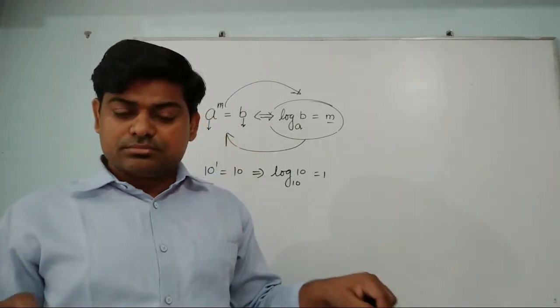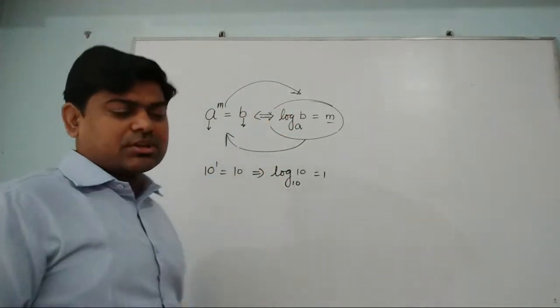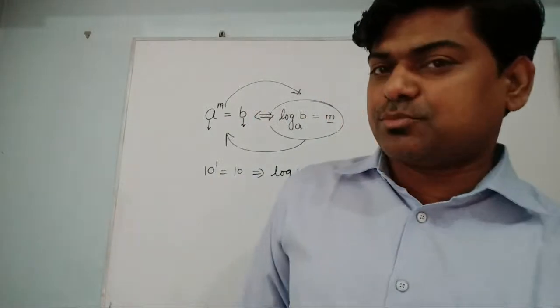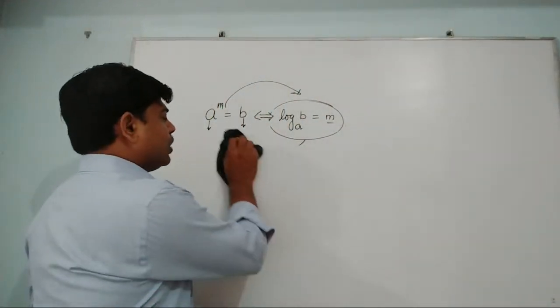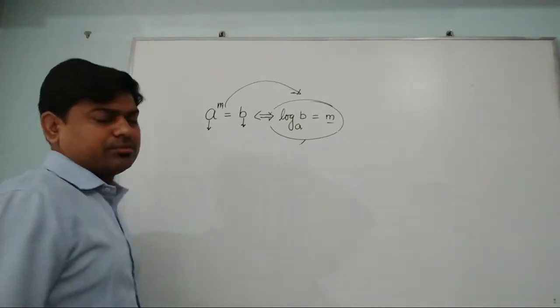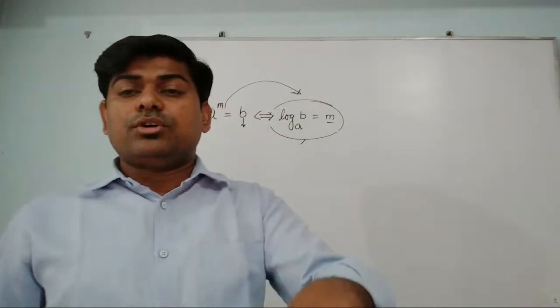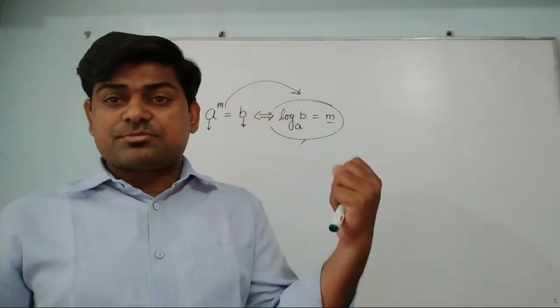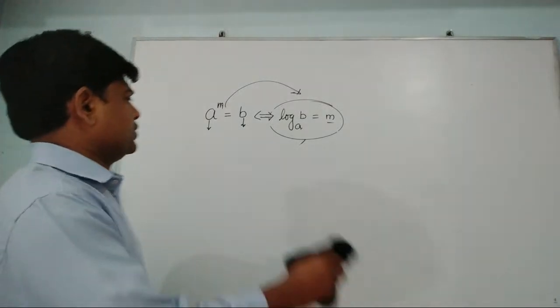But till now, in the first exercise, we have to discuss this one. If something has been given in exponent form or indices form, what will be its value in logarithm form? Or if it is given in logarithm form, what will be the expression in indices form? These are some basic things we have to discuss.